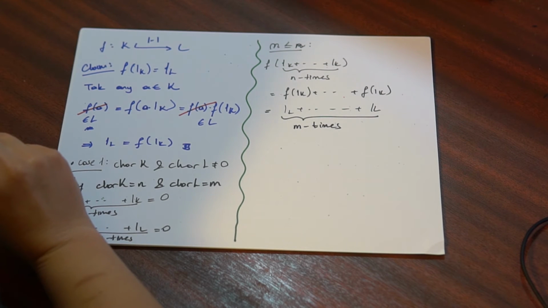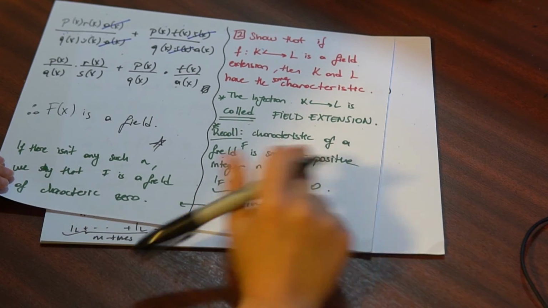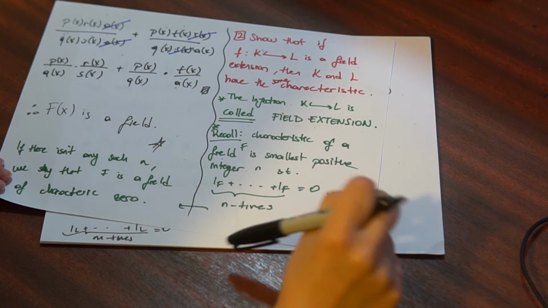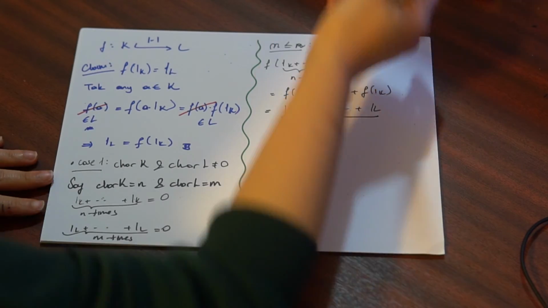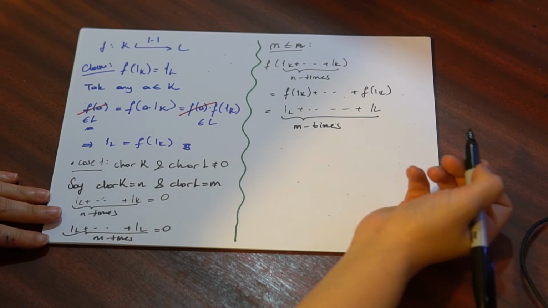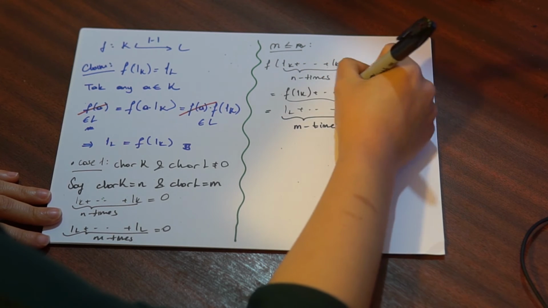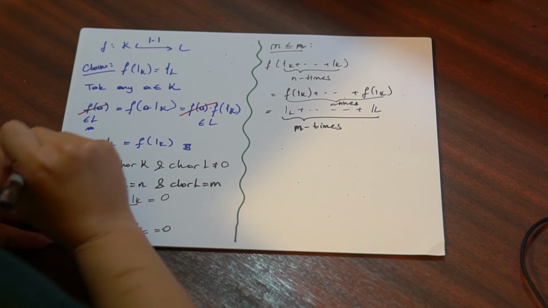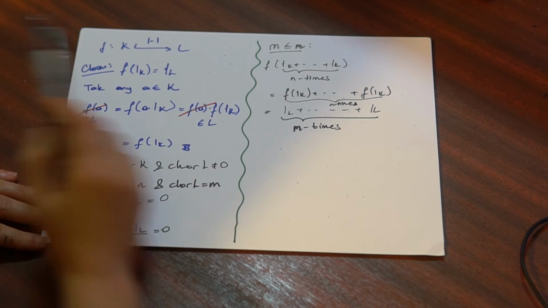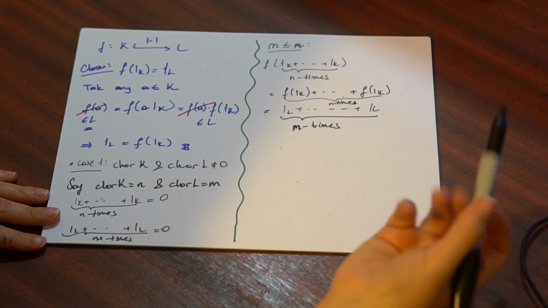But we know, from the definition of the characteristic of a field, that the characteristic is the smallest positive integer such that this holds. So m is the smallest such integer, but n also satisfies this equation.